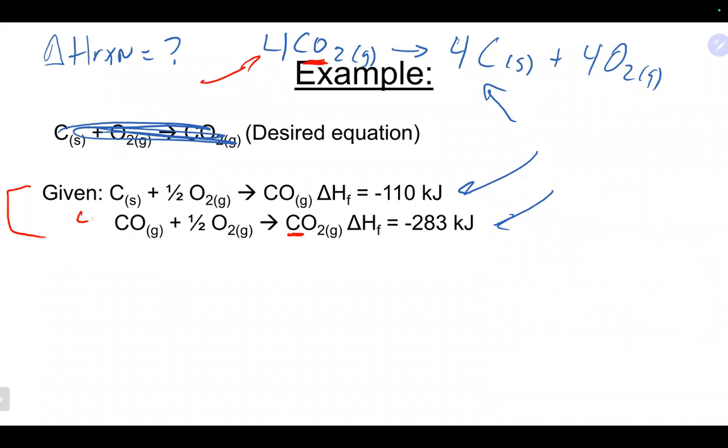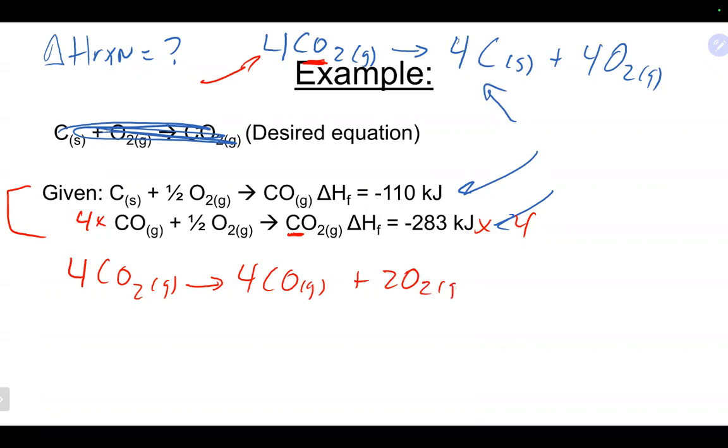Multiplying this guy by 4, which would also multiply our delta H by 4, will give us 4 of the CO2 goes to 4 of the CO plus 2 O2 when we multiply by 4.